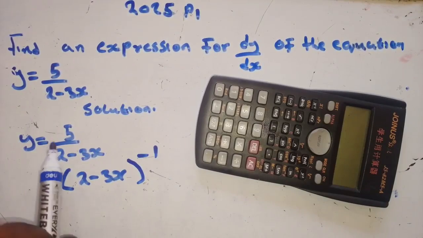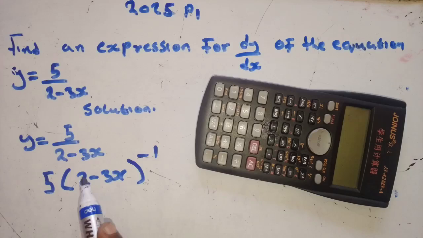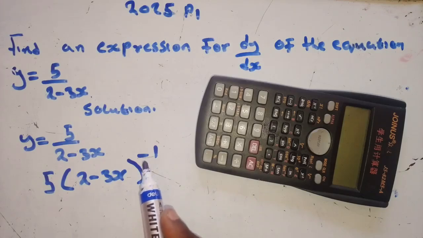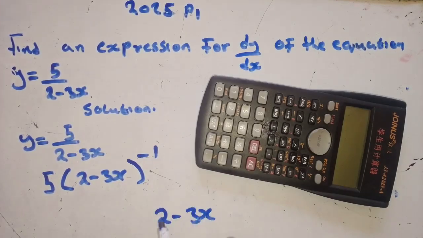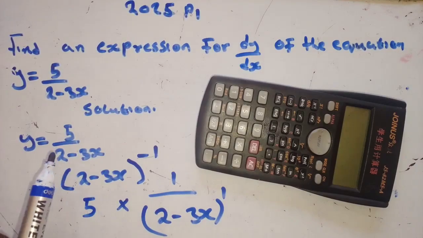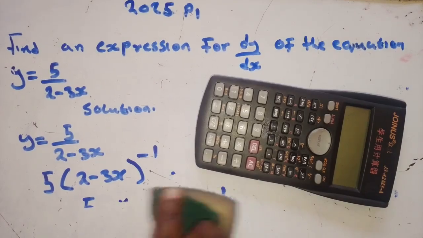The reason it can be written like this is that the power negative 1 simply means 1 over (2 minus 3x) to the power 1. So writing it like this is the same as writing it like this. Here this will be multiplied by 5, and it will take us back to this part. Unfortunately, this is not our lesson.